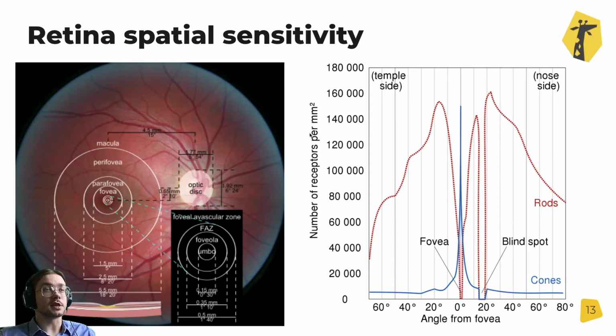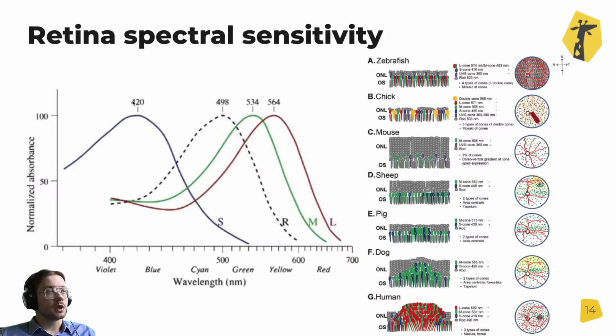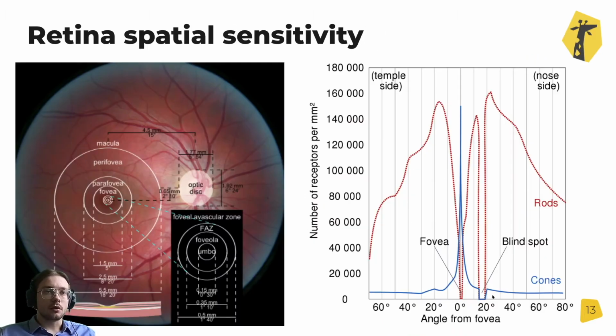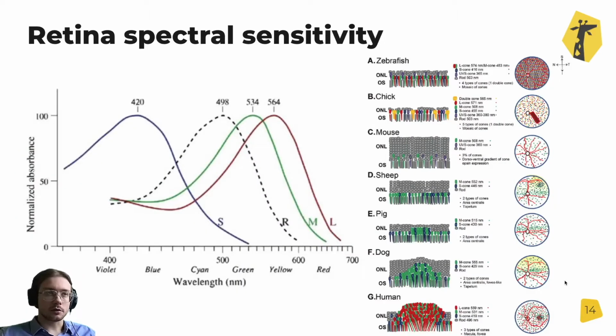This is a more detailed representation of our spectral sensitivity, and here we see that different cones are created for different types of light. Here we see blue, green, and mostly red light.